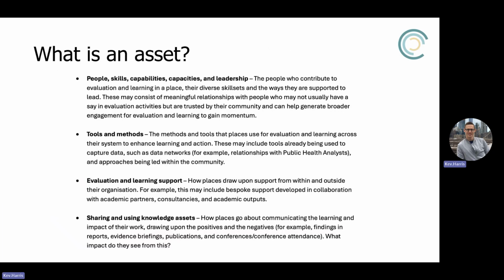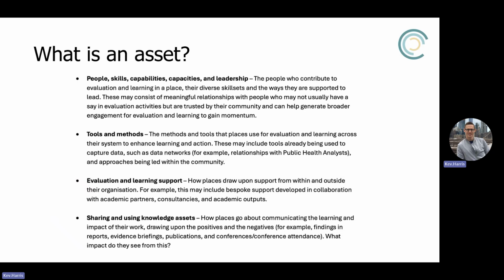A big part of this approach is one where we want to really explore with places what assets actually exist within their places. And by assets, we're talking about not just one thing in itself, but a whole host of things, which, again, these bullet points aren't exhaustive by any means, but they capture some of the things that we might be looking at in relation to assets.